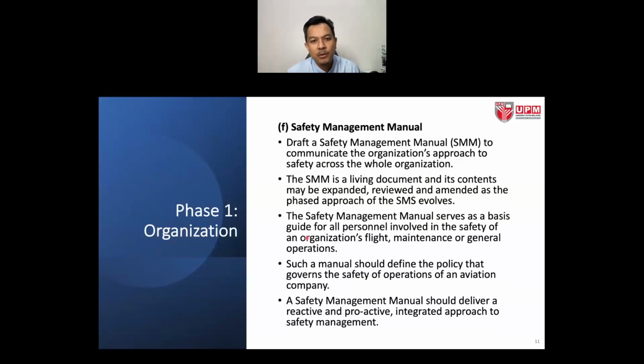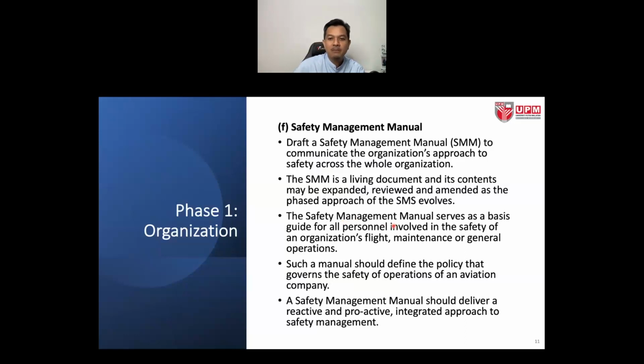And then the next one is the safety management manual. Okay, so draft a safety management manual, SMM, to communicate the organization's approach to safety across the whole organization. The safety management manual is a living document. What it means is that it can be expanded, it can be reviewed, and it can be amended accordingly as the phased approach of the SMS evolves.